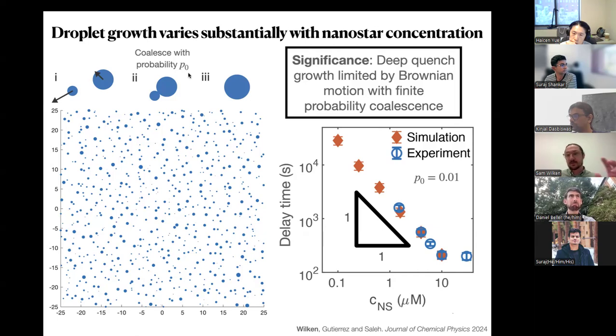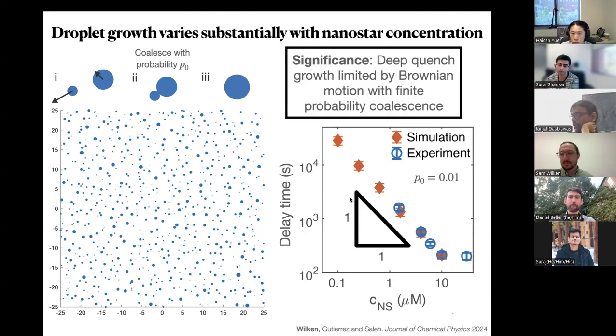That's the total encounter time, and this P naught is normalized by that. But yes, you're right, they diffuse through each other with no interaction. Of course, it's not quite right, but that would require a little bit more careful treatment.